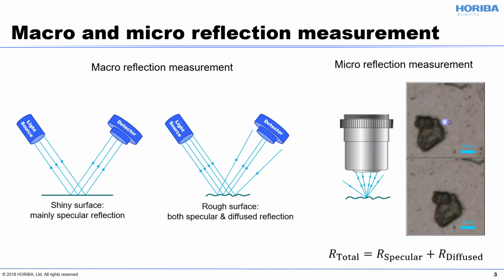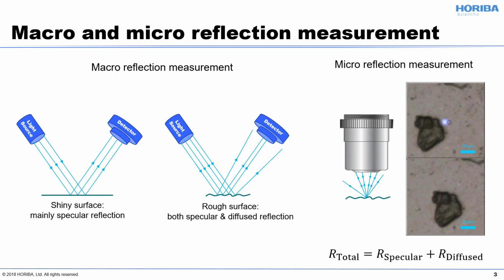So here on the right side, we show the white light spot size focused by the 10x objective on the sample surface. The top one shows the white light spot focused on the specular substrate, which is visible because it has very shining reflection.